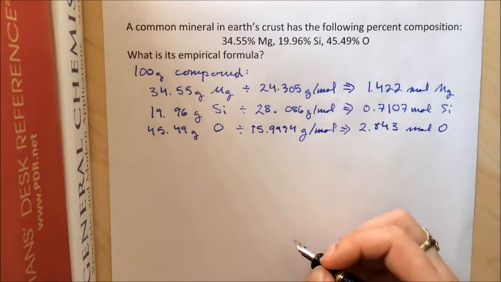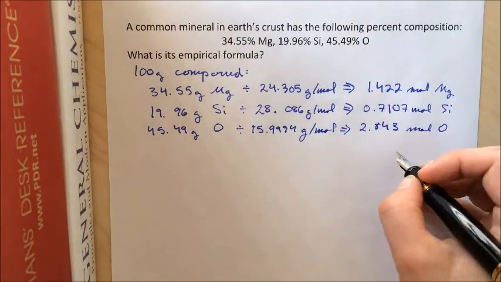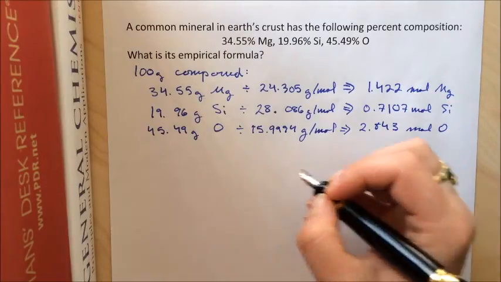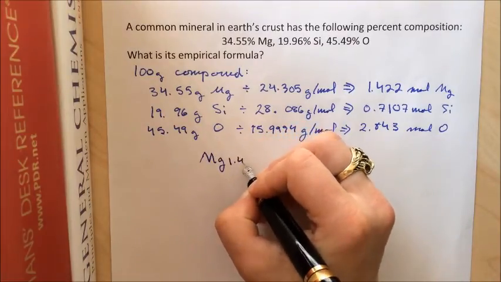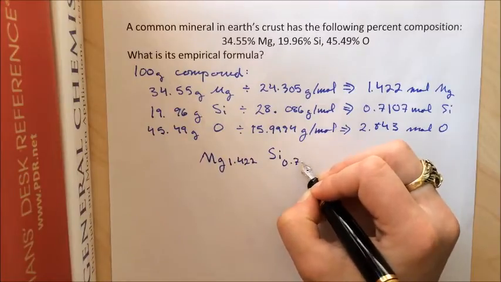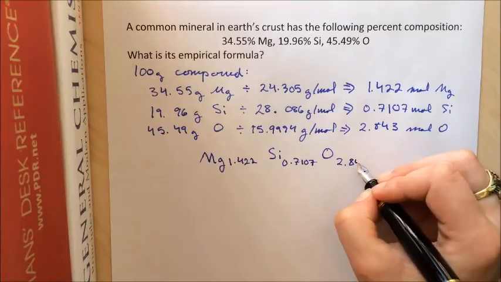Remember, keep an eye on your significant figures. Now that we have the moles amounts, we're going to use these as the subscripts in our pseudo formula. So magnesium 1.422, silicon 0.7107, oxygen 2.843.